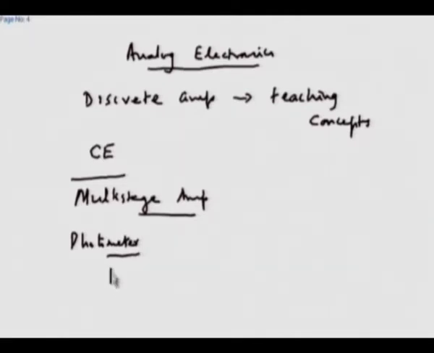Now, as we talked about yesterday, a photo detector is essentially a current source. So far, in all our discussion of the multi-stage amplifier, we assumed a voltage amplifier. Here is a situation where we need a current amplifier.